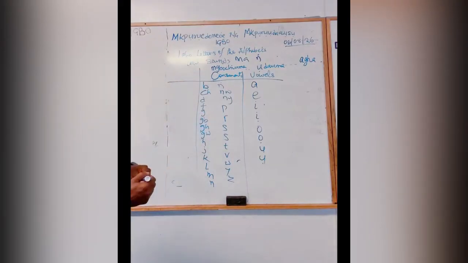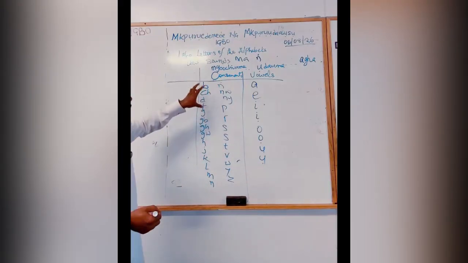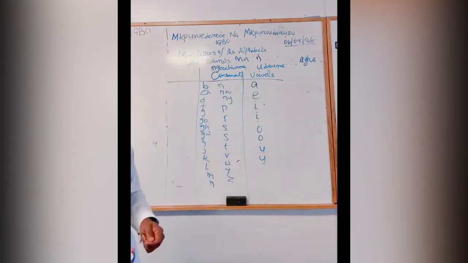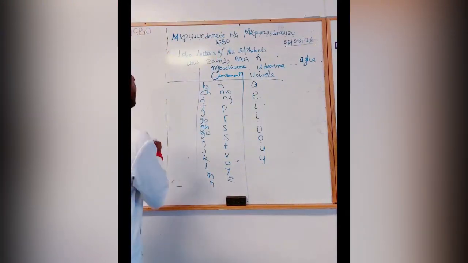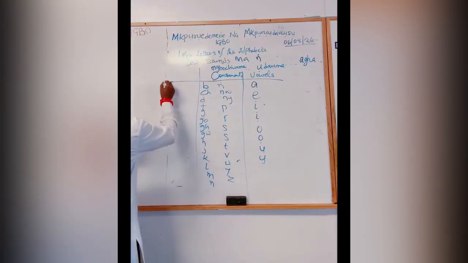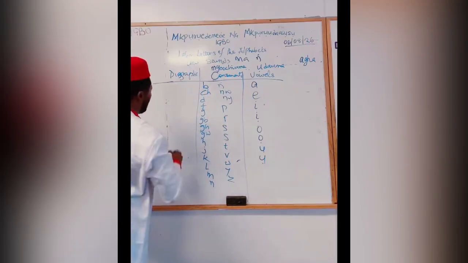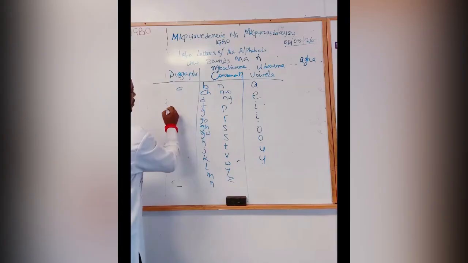The consonants according to letters, we saw the other categorization, which we will call digraphs, and we have ch.